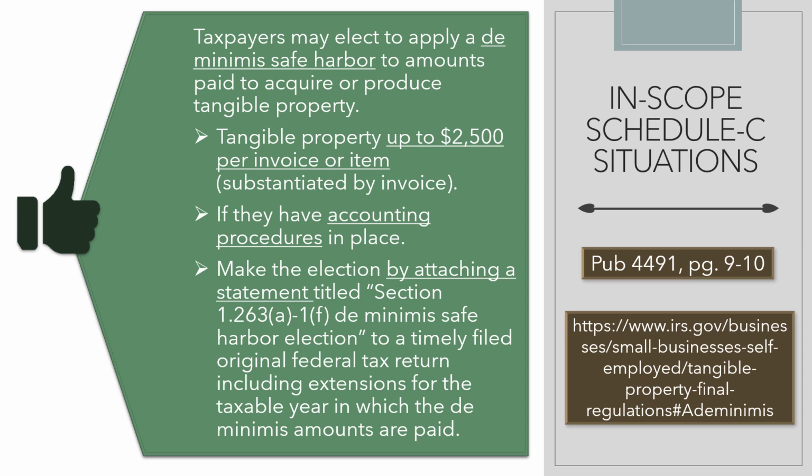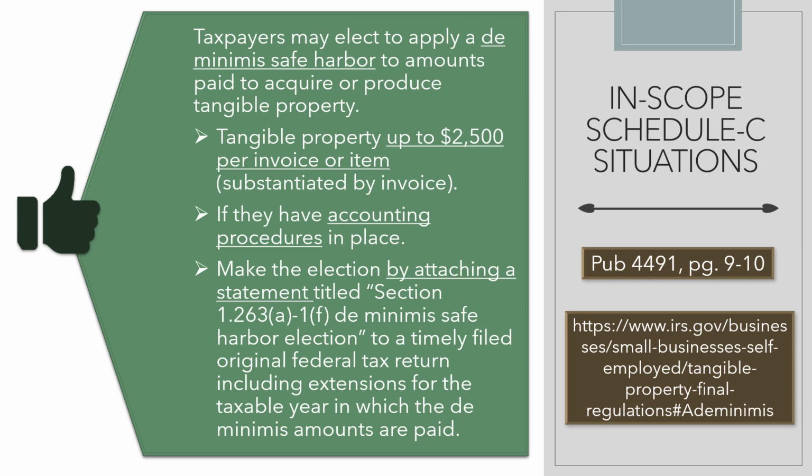There is what's called a de minimis safe harbor election. And this allows our businesses, which are generally pretty small, and depreciation becomes really challenging and expensive for them to track. So if they are using this safe harbor, it's for tangible property, of course.